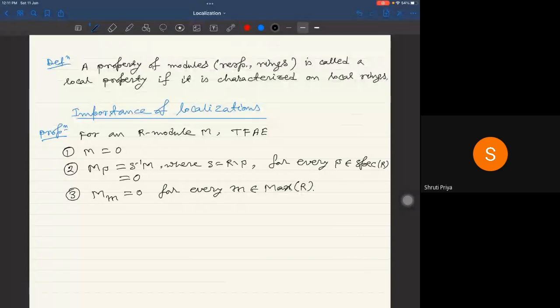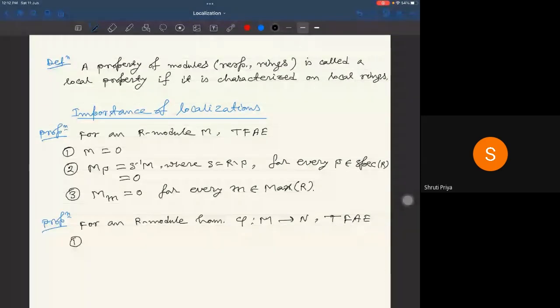Another proposition you can have: suppose you have a module homomorphism. Consider an R module homomorphism, let's denote this by phi from M to N. Again, the following are equivalent. Suppose you want to verify whether this map is injective or not.